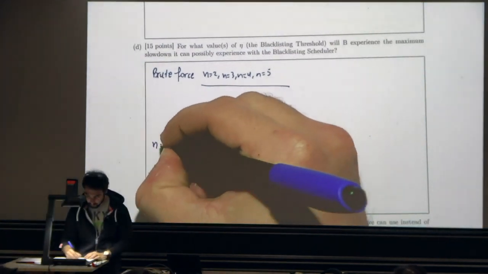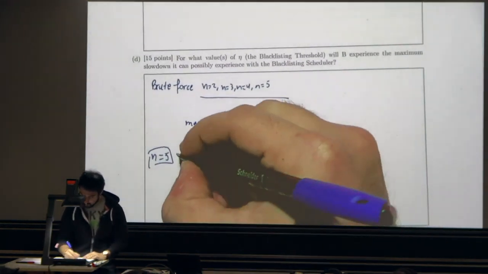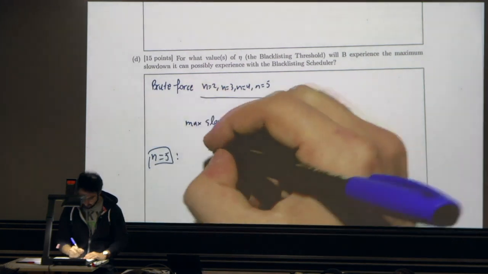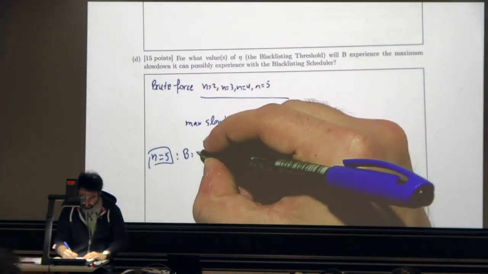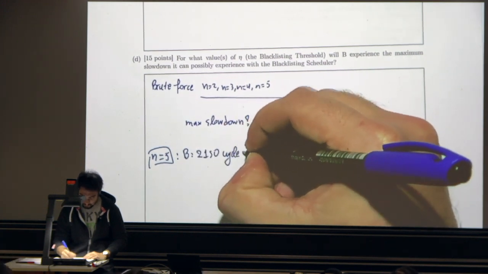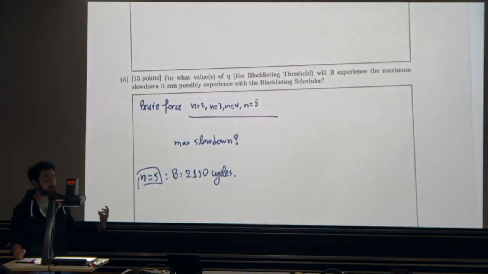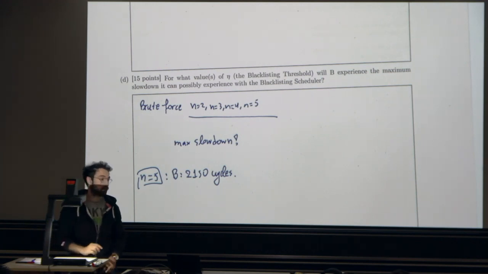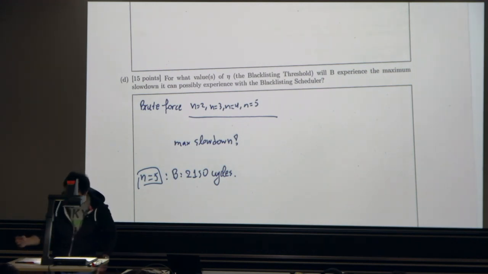If you execute with n equals 5, then you get the maximum slowdown for application B, that is 2,150 cycles. Okay, so I think this is easy. If you answer question B correctly, this will be really easy. And then that's the last question.